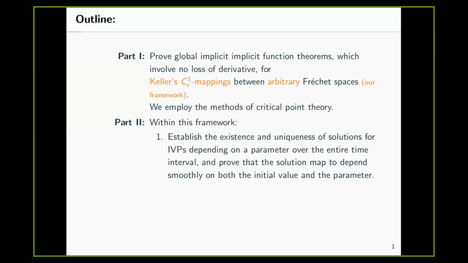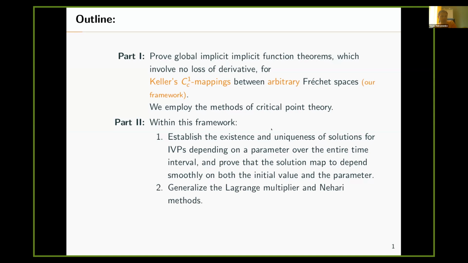We will also prove that the solution map depends smoothly on both the initial value and the parameter. And also, we will generalize to our context the methods of Lagrange multiplier and Nehari, which are tools for solving optimization problems with constraint, with the use of the global implicit function theorem.